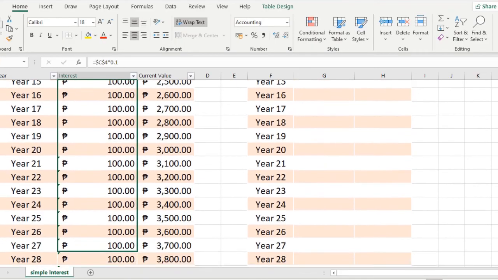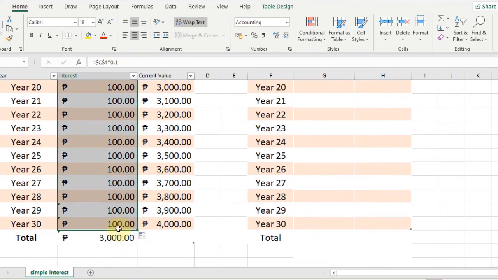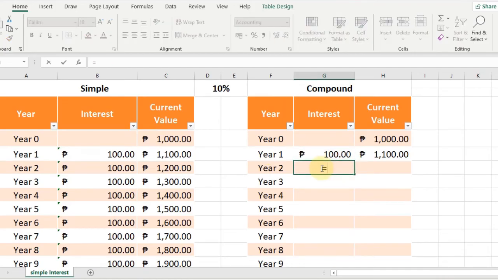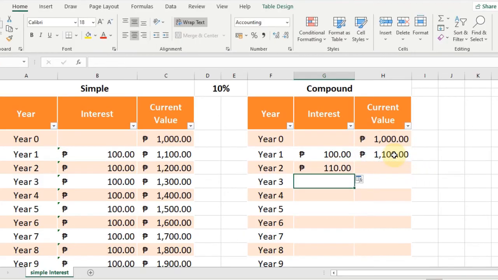Anyway, whereas here, for year 2, you will now get the 10% of what? Of your current balance. Okay, so as you can see there, your new interest is now 110.